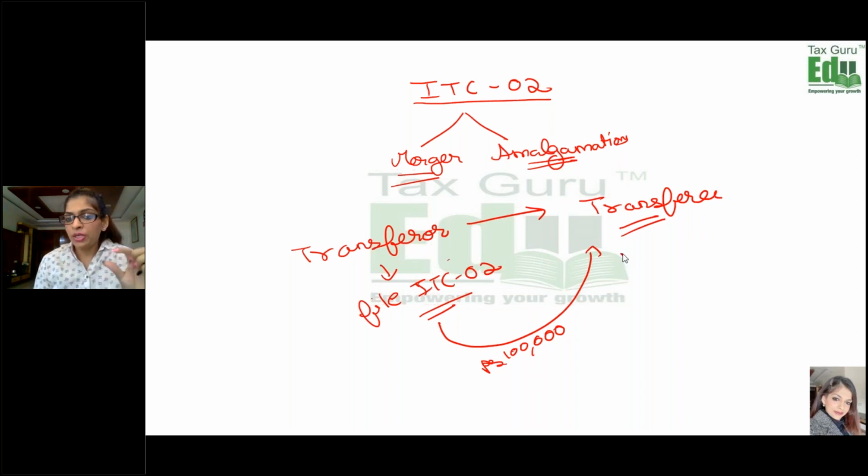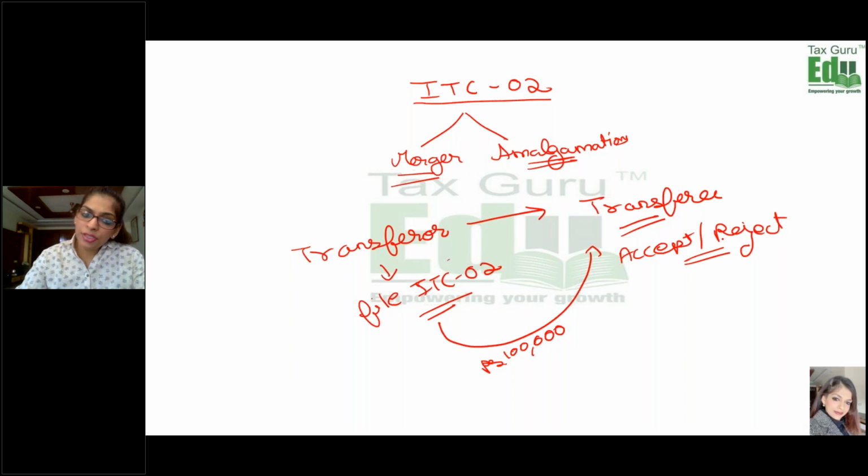Do I need to accept it or reject it? You will get an option to accept or reject it. If this is correct, you can accept it, and if it has come to you by mistake, then you can reject it. Once you accept, all the ITC from the transferor's credit ledger will get transferred to your credit ledger.